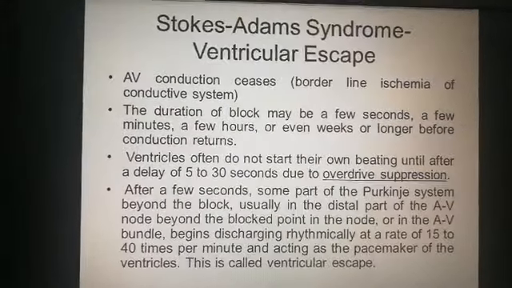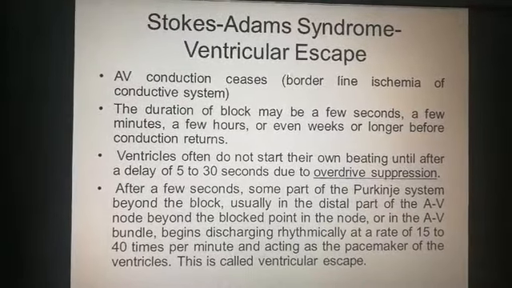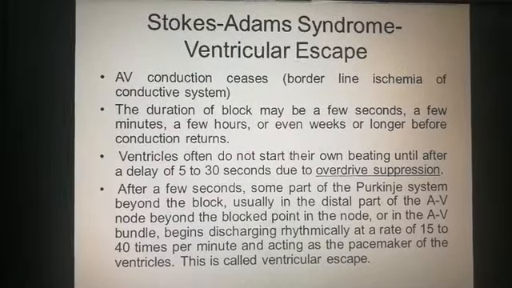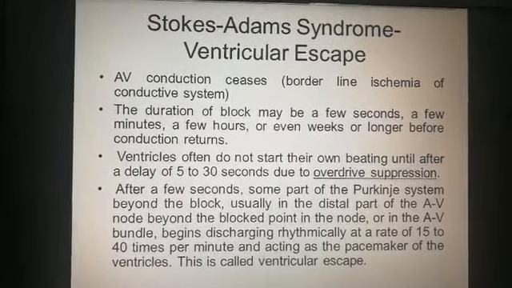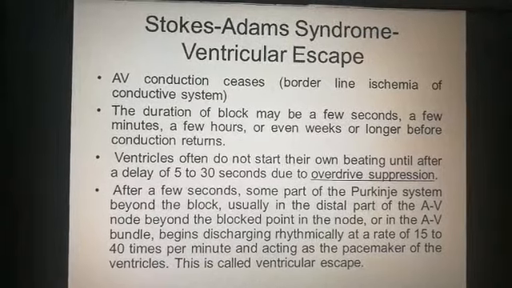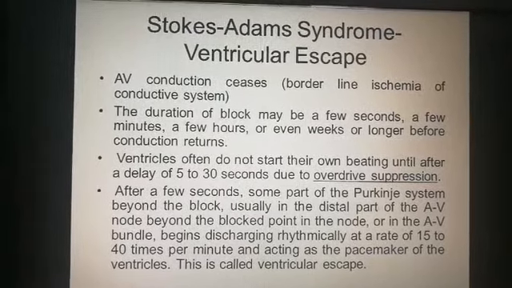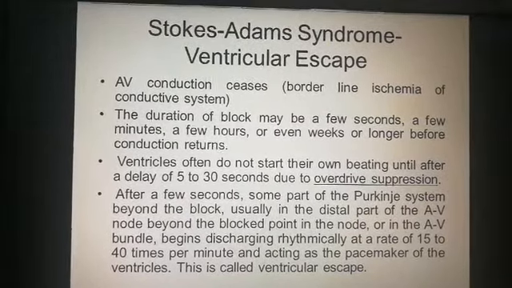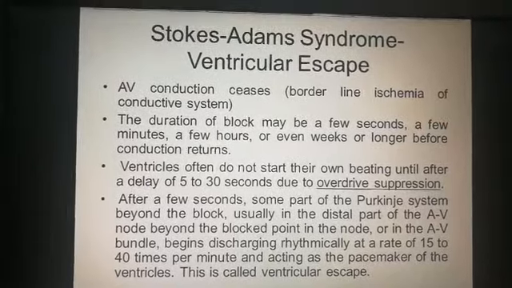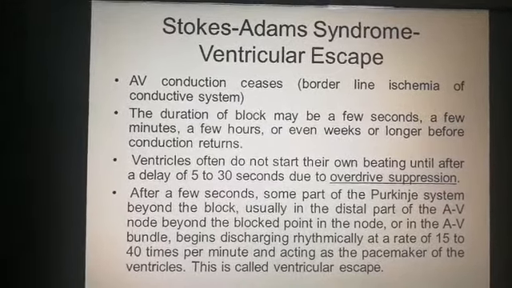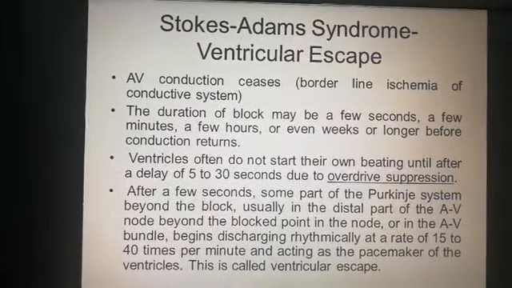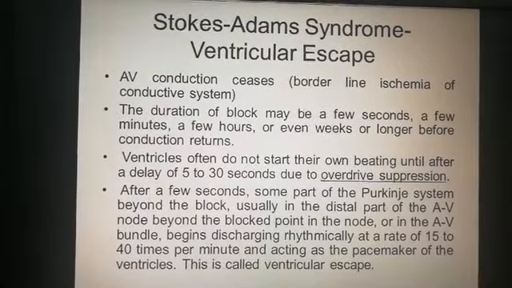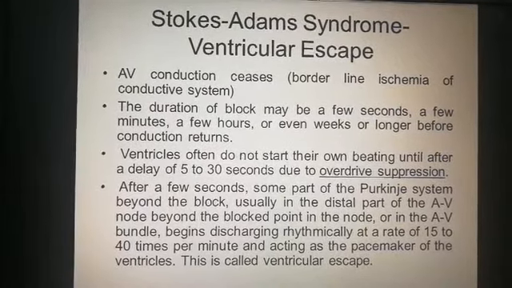So you should know, firstly, as the block occurs, there is overdrive suppression of the ventricles, and then after 5 to 30 seconds, there occurs ventricular escape, which occurs due to the working of the Purkinje system beyond the block, which makes the heart beat at a rate of 15 to 40 times per minute.